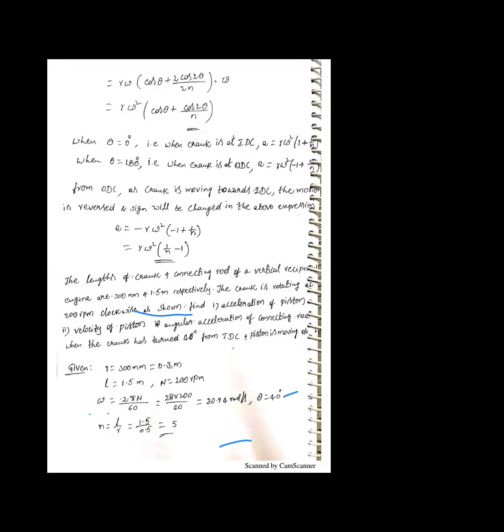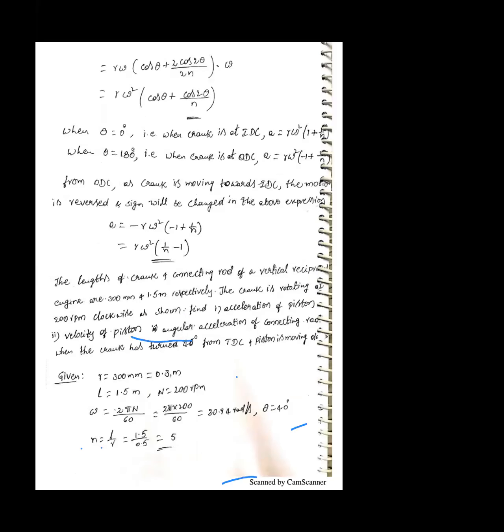Again omega is there. So omega square r into cos theta plus cos 2 theta by n, after cancelling the 2 from the earlier equation. So that is the acceleration of the piston.